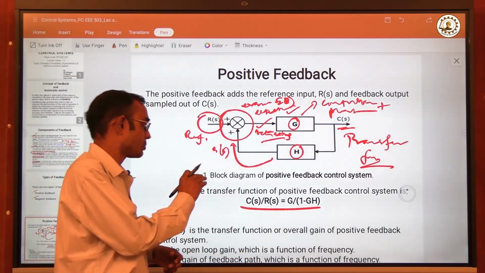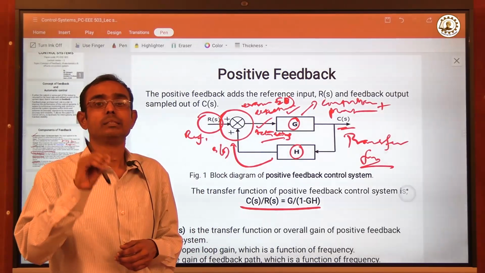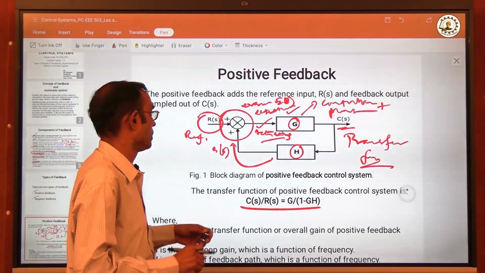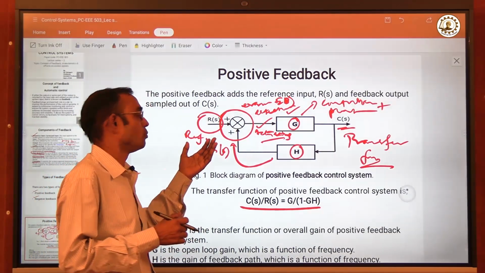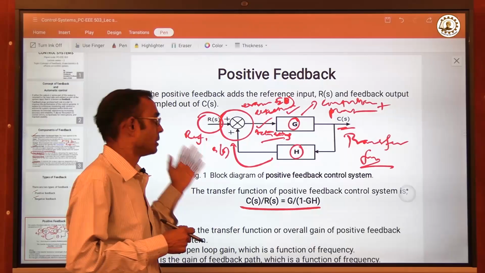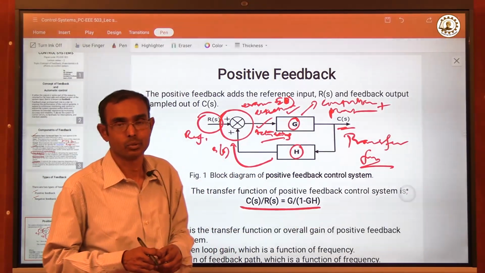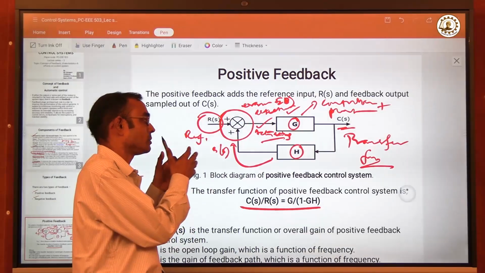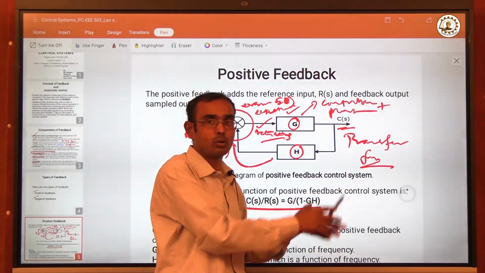That means this transfer function helps us understand that whatever is given as input, based on that what output we are going to get. So it is transferring something from the input towards the output side.